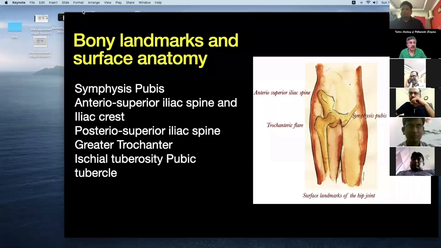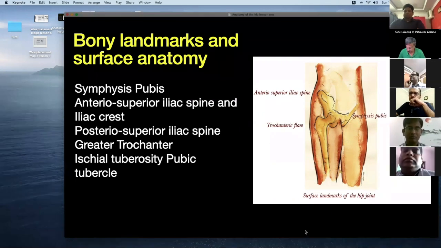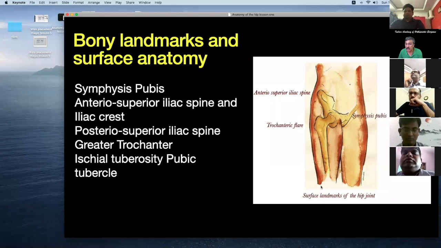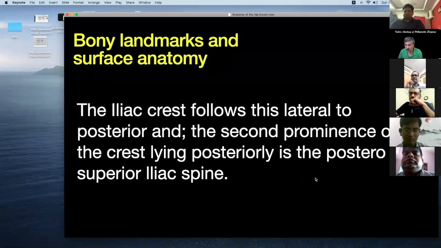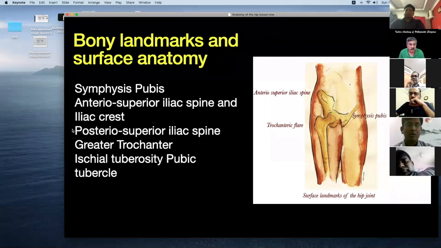So bony landmarks and surface anatomy, the 3 important aspects that you have to remember are the anterior superior spine, the trochanteric flare, and the symphysis pubis. The other important points to be remembered are the posterior superior iliac spine, the greater trochanter tip per se, the ischial tuberosity and the pubic tubercle.